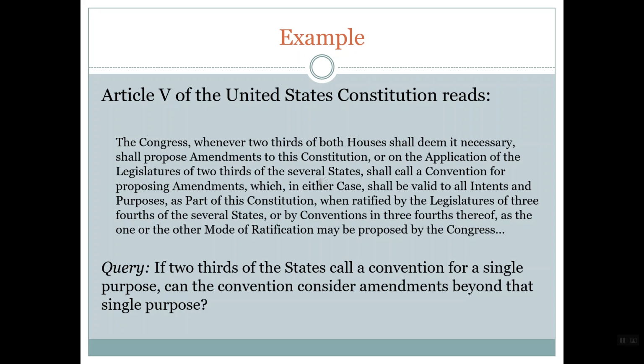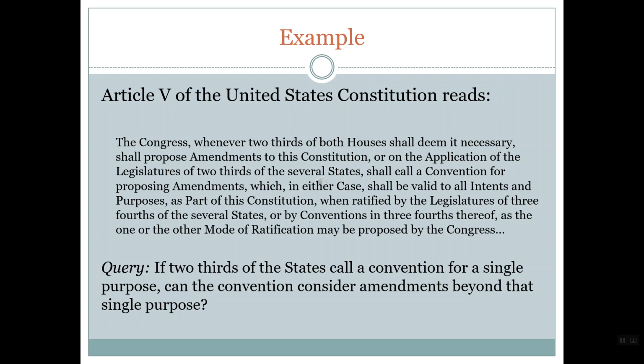In both cases, the theory is that Congress is not likely to make the change on its own, and the only way to get constitutional amendments proposed is to use Article 5 of the Constitution, and specifically the convention portion of that.